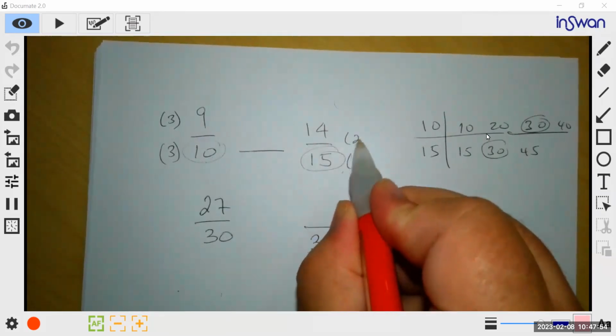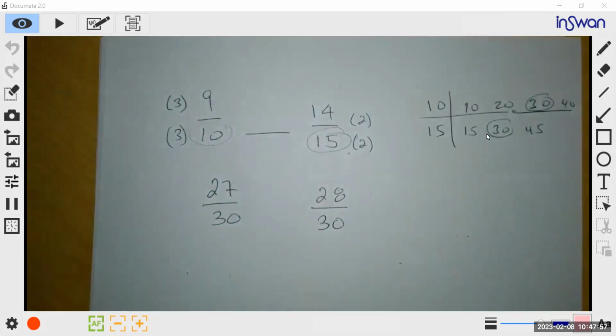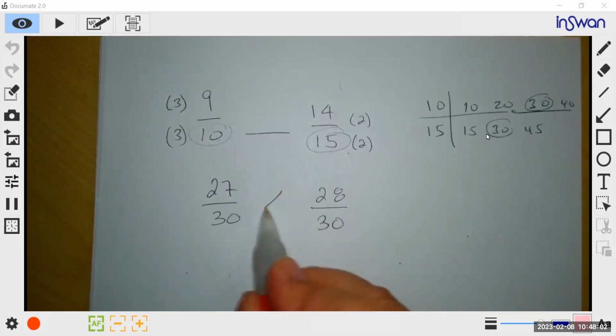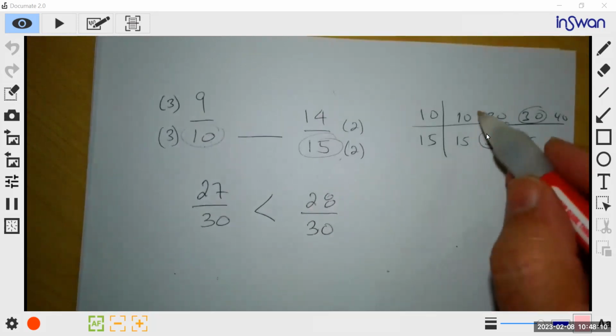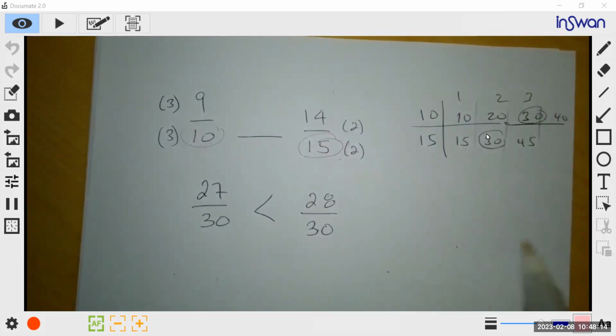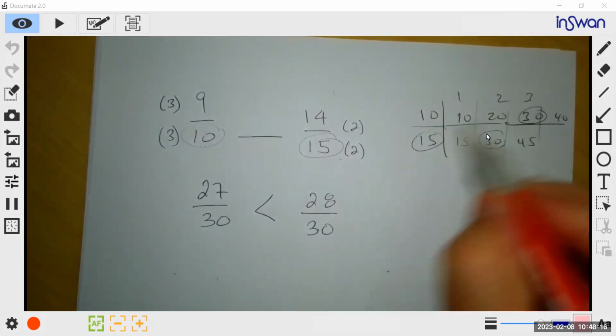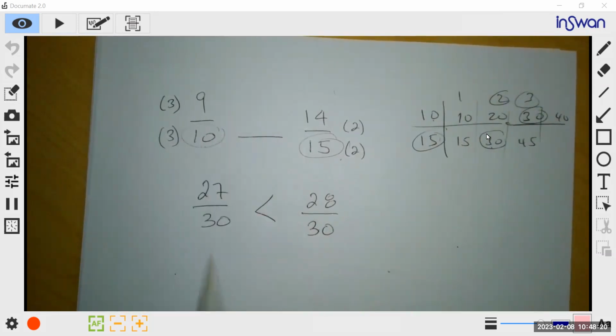So I put 2 and 2. This is 1, 2, 3. So I multiply 15 times 2 to get 30, 10 times 3 to get 30.